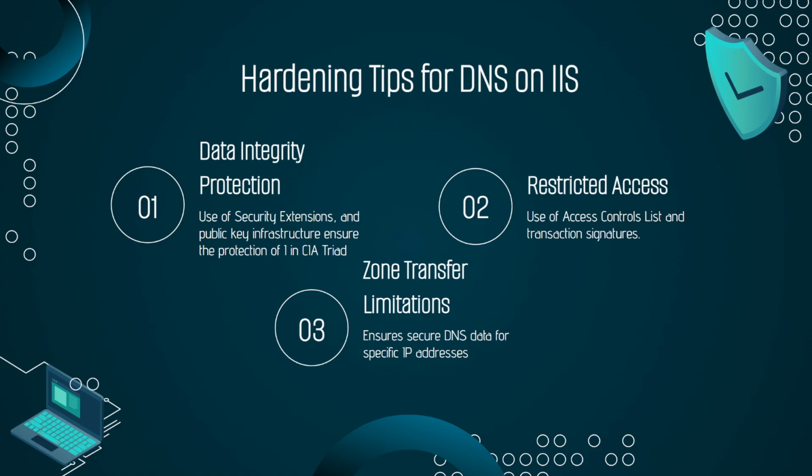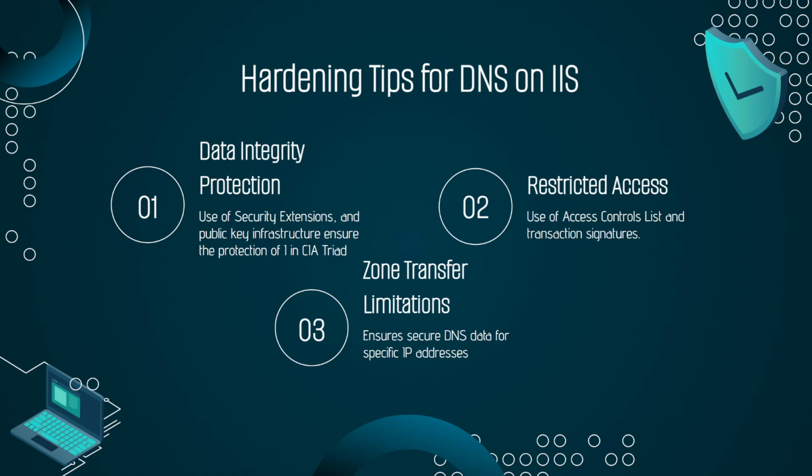So for hardening tips for DNS on Windows, first, data integrity protection is essential. One way to achieve this is by using something called DNSSEC, or Domain Name System Security Extensions. This prevents DNS spoofing by authenticating responses and ensuring that they have not been tampered with.